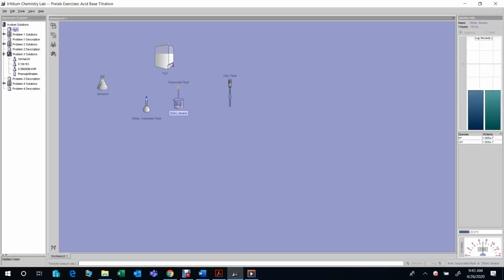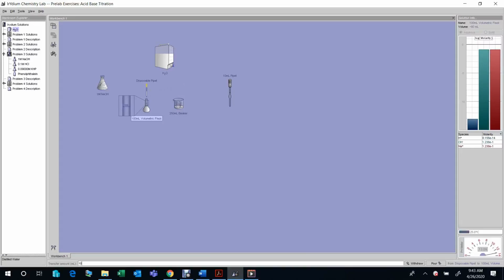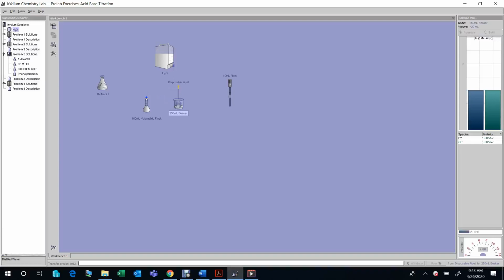We can add 1.0. We withdraw 1 milliliter, and we pour 1 milliliter. Okay, this part maybe a little bit boring, but we have to do that so that we won't overshoot. Then we add 1.0.